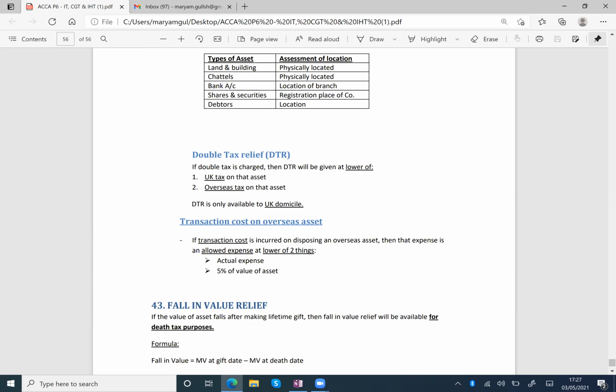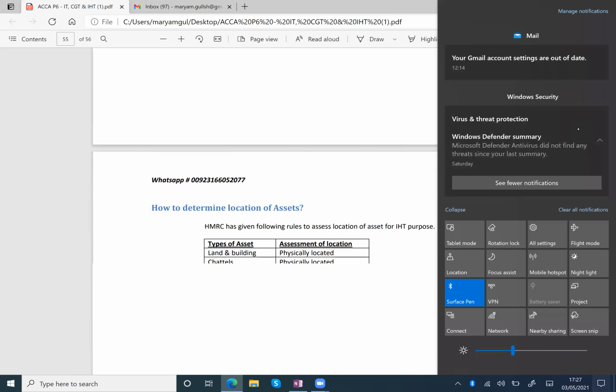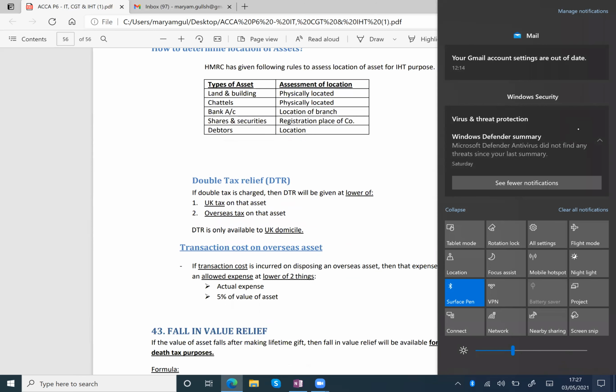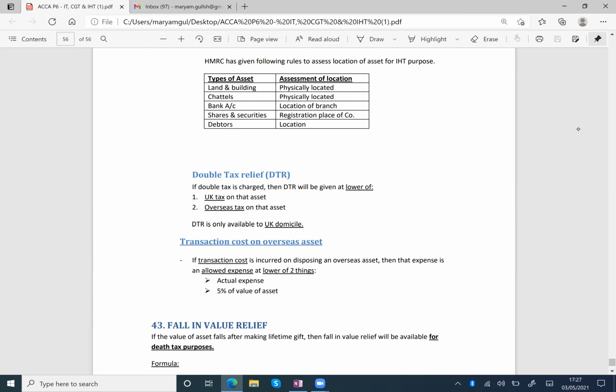And DTR is only available to a UK domiciled person. Why will only a UK domiciled person receive the DTR? Obviously, because he will face the double tax. The rule is a UK domiciled person is paying UK IHT on worldwide assets. That's why he will get the DTR relief.